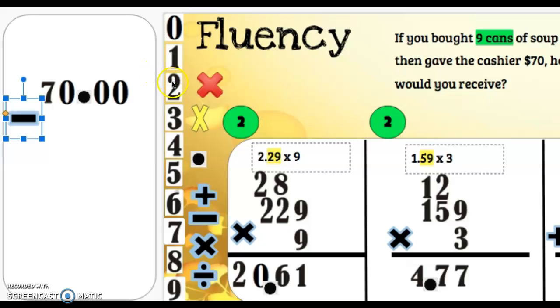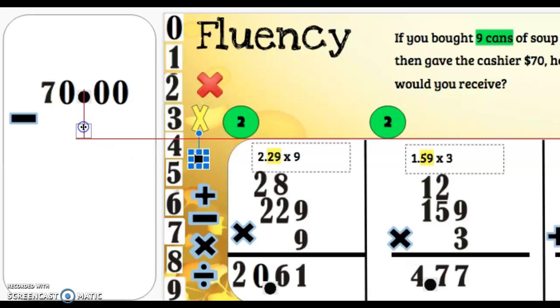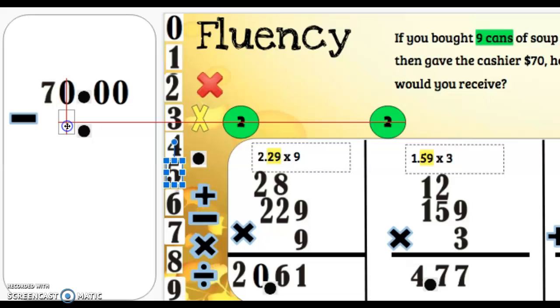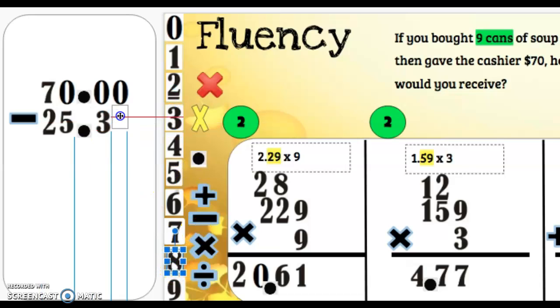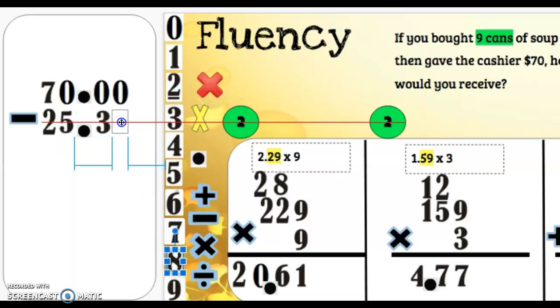So you had spent $25.38. So we had a decimal point. We had a 5 in the ones place. We had a 2 in the tens place. We had a 3 in the tenths place. We had an 8 in the hundredths place.